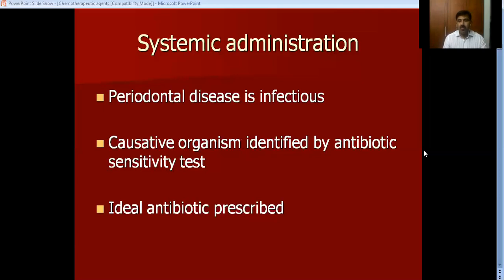So even if you mechanically remove all the microorganisms within the gingival sulcus, you still have microorganisms within the gingival tissues, which you may not be able to remove by local debridement, that is scaling or root planing. So in that case, you probably have to give a systemic antibiotic, or an antibiotic that is present locally at that point, so that it acts on the microbes that are present in the tissues.